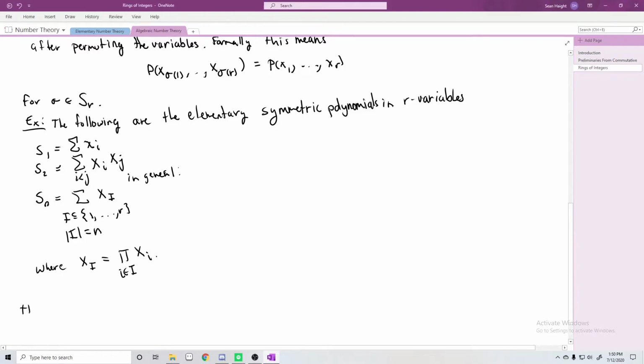So the theorem, this is called the symmetric function theorem. And it says, I'm going to let A be a ring.